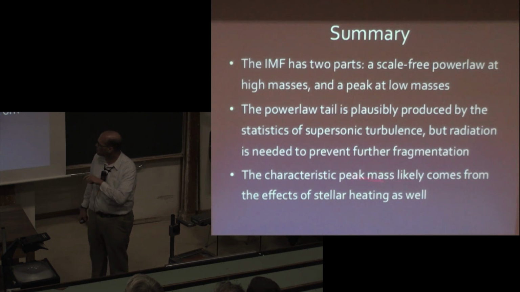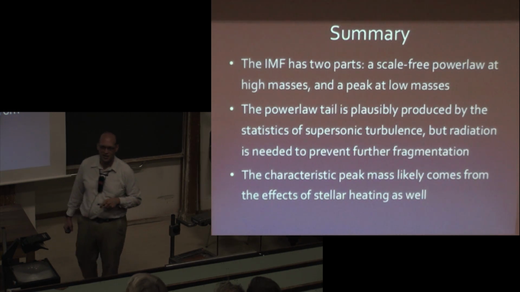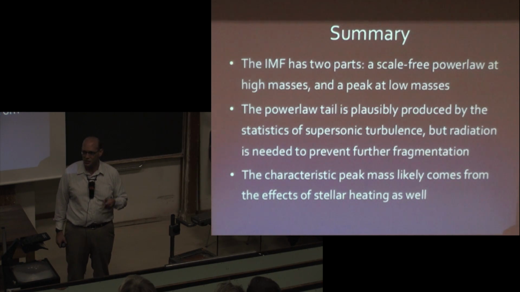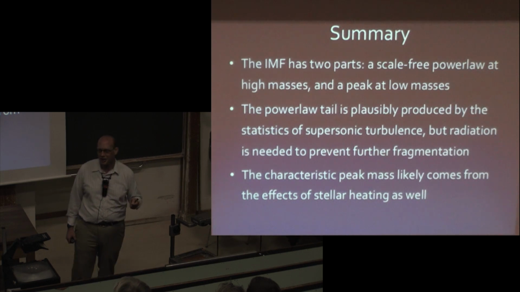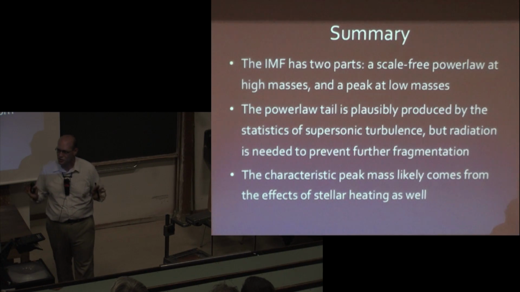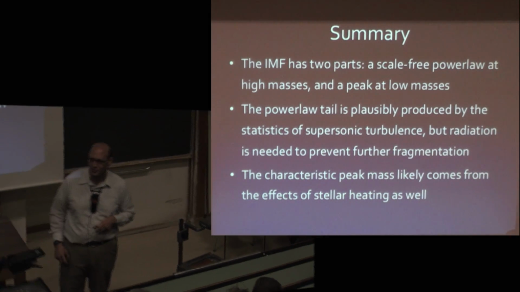The characteristic peak mass likely comes from the effects of stellar radiation heating as well, and when you make a model based on that, you get to explain how the ISM knows anything about nuclear physics and why stars are nuclear furnaces. I will end there.